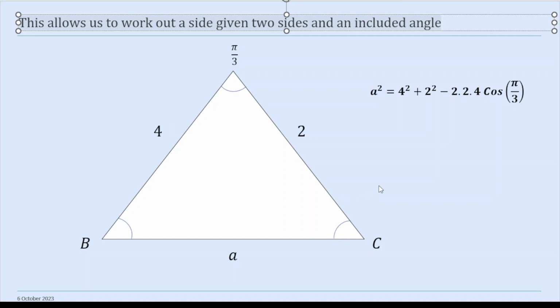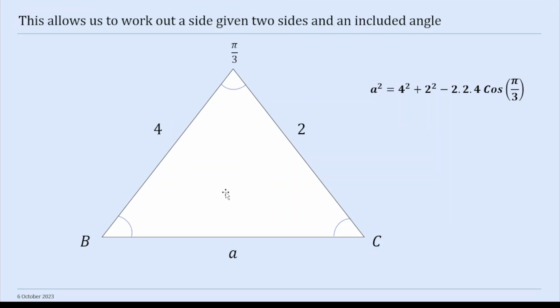So here, a squared is the side we're trying to find, and we have 4 squared plus 2 squared minus 2 times 4 times 2 times cos pi over 3. So a squared equals 20, which is 16 plus 4, minus 8, because cos pi over 3 is a half. So a squared equals 20 minus 8, which is 12, and a equals the square root of 12, which is 2 root 3.